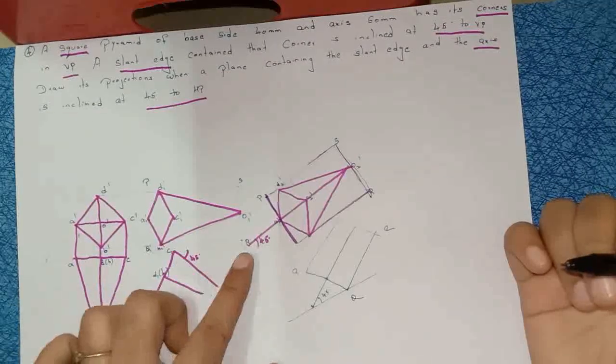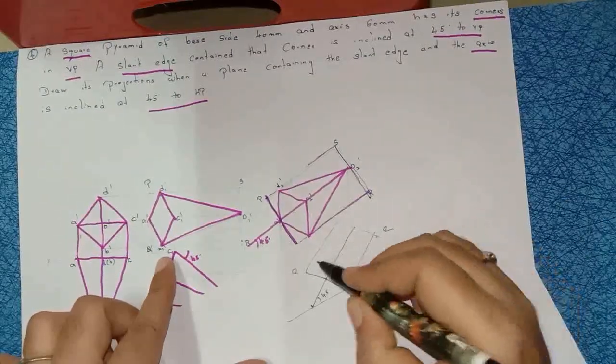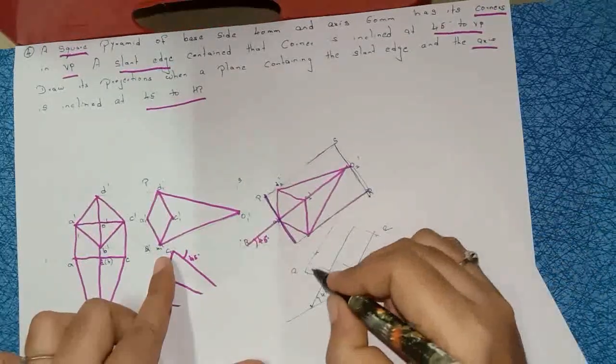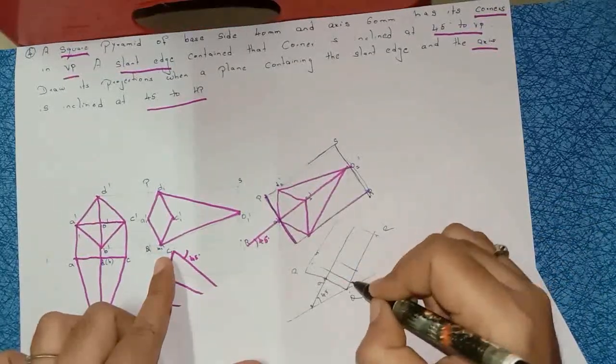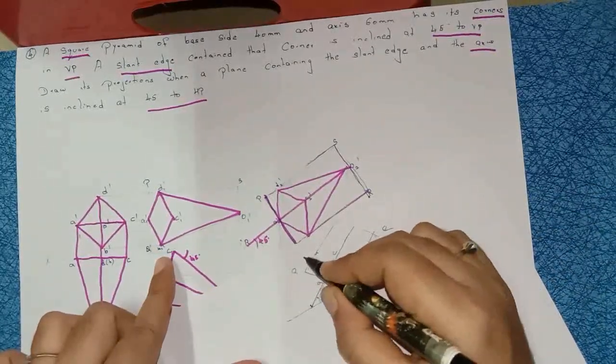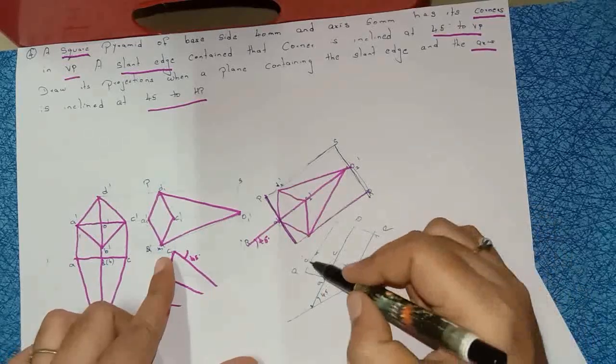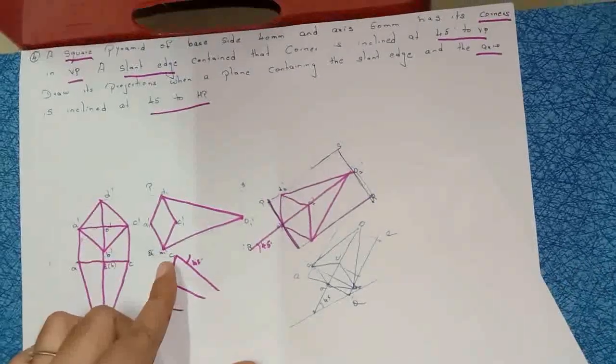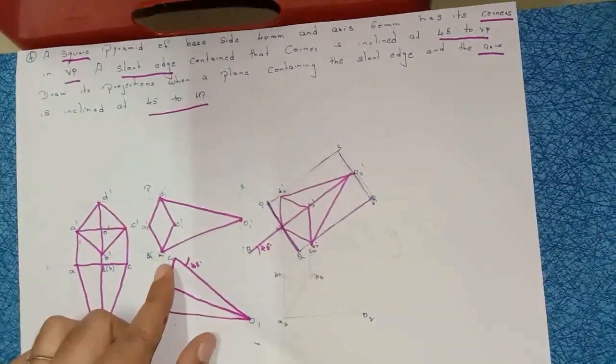Right? Between Q and R, how many lines are there? Name these points here as A, B, C, D, and this point is O. Join A, B, C, D to O. You will get the square pyramid. Right?